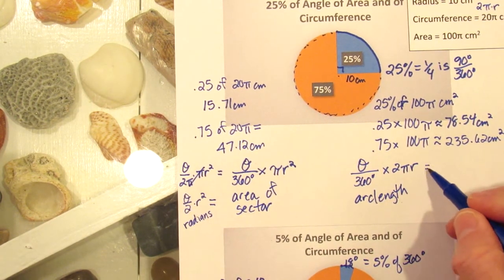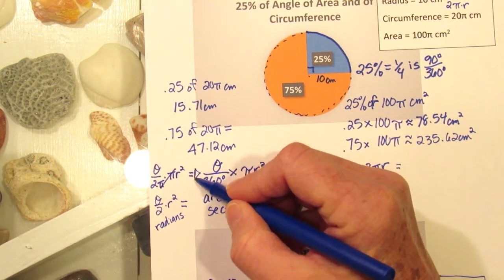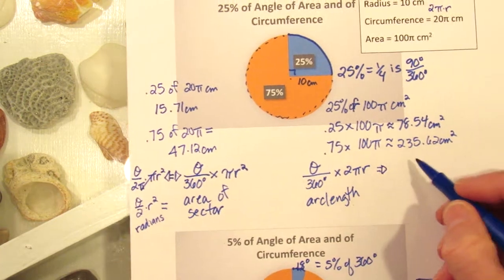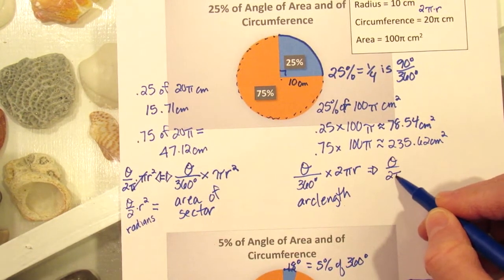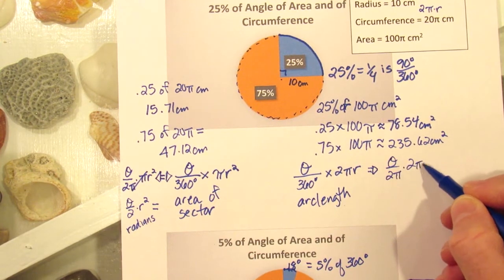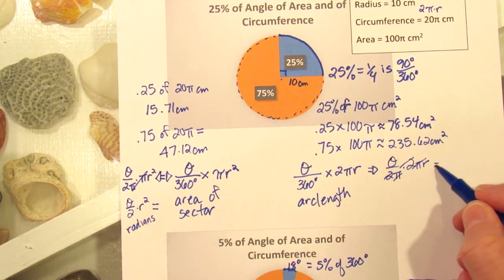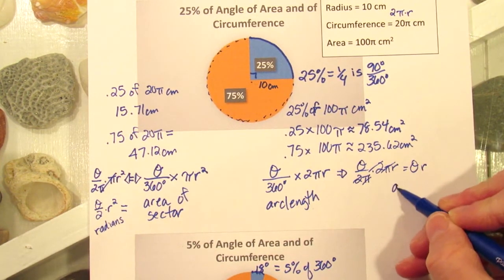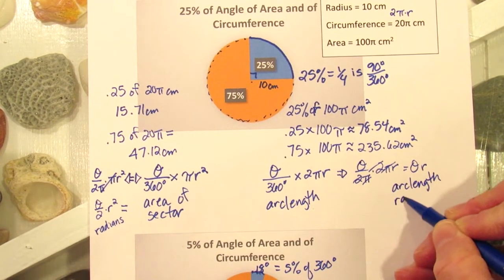So I guess we'll put an approximately sign here because they're not exactly equal. This formula, if you put in radians, is going to be theta over 2 pi times 2 pi r, and the 2's divide out, the pi's divide out, and you get theta times r. So this is arc length if you are working with radians.